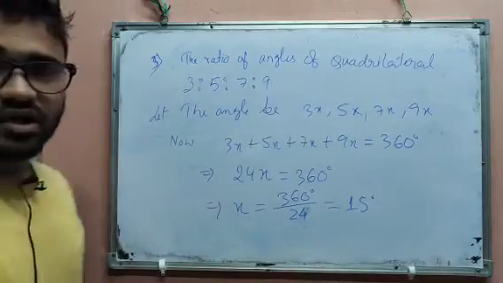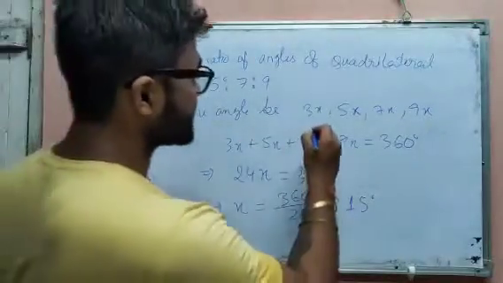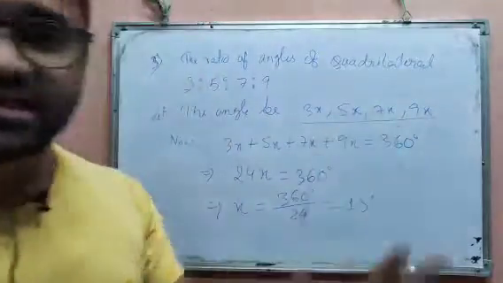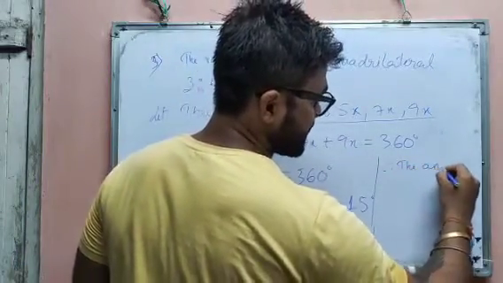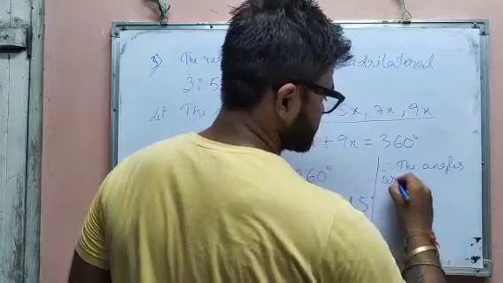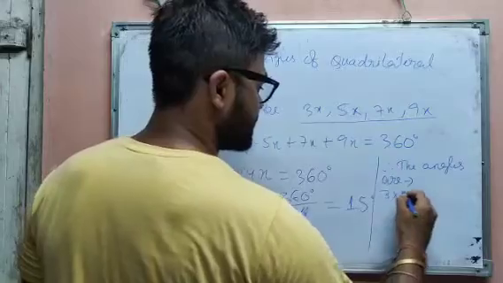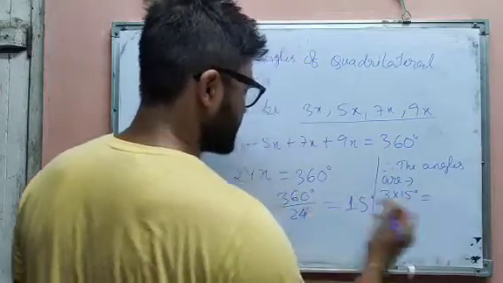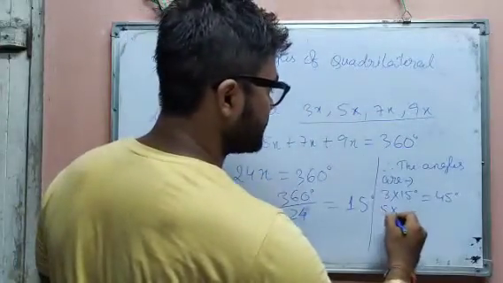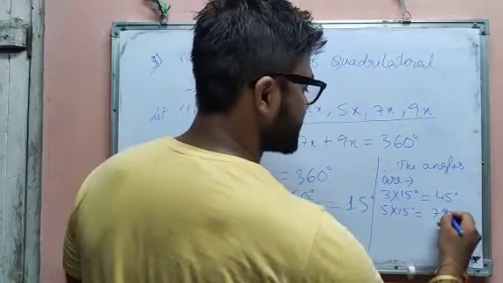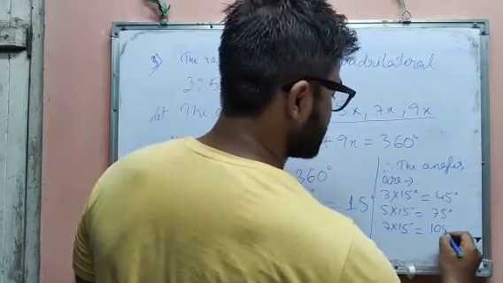It is not complete yet. Next we are asked to find the angles. We assumed the angles are 3x, 5x, 7x and 9x. Therefore, 3x means 3 into 15 degrees, which is 45 degrees. 5x is 5 into 15, which is 75 degrees. 7 into 15 gives 105 degrees.